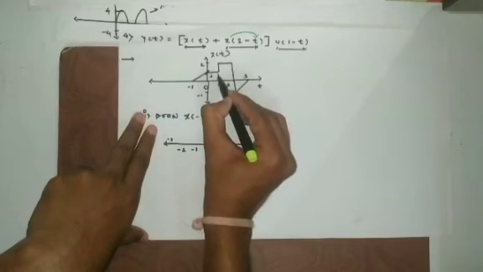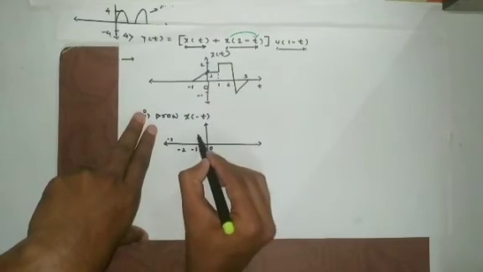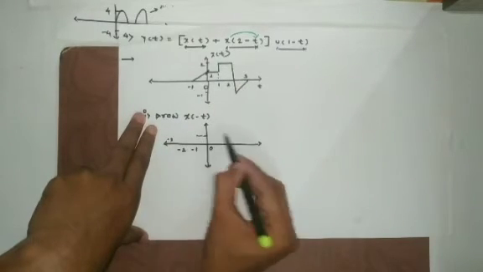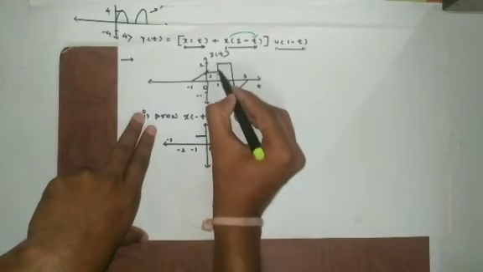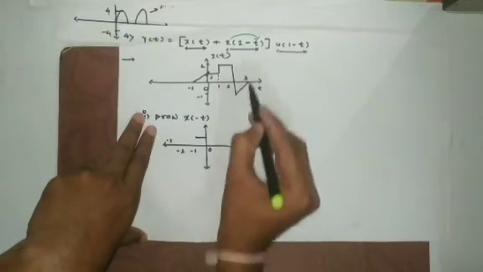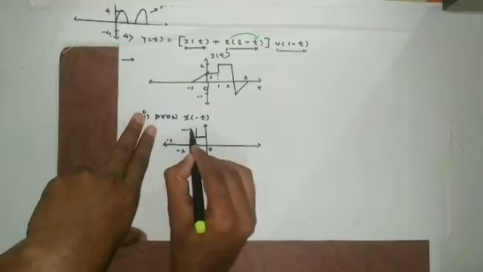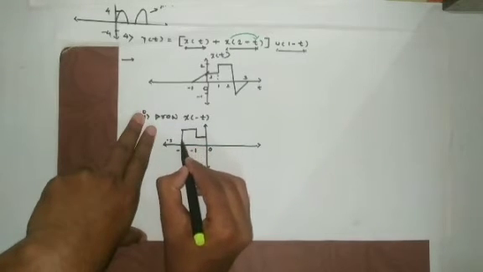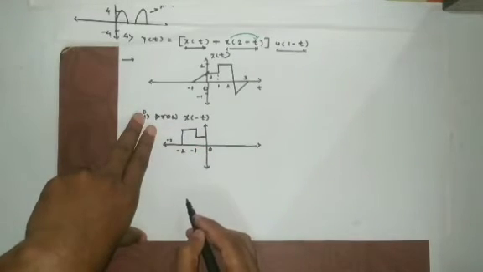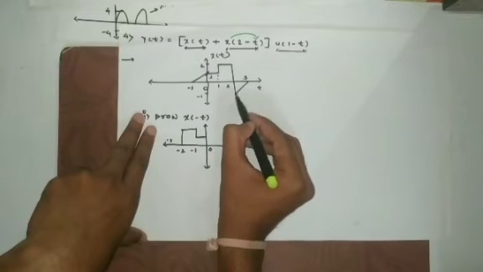0 to 1, if I connect this line, we'll get a term having amplitude 1. Next, it is rising and remains 2. That means from 1 it will increase and it will remain 2 till minus 2. And between 2 to 3 we are having a negative slope.